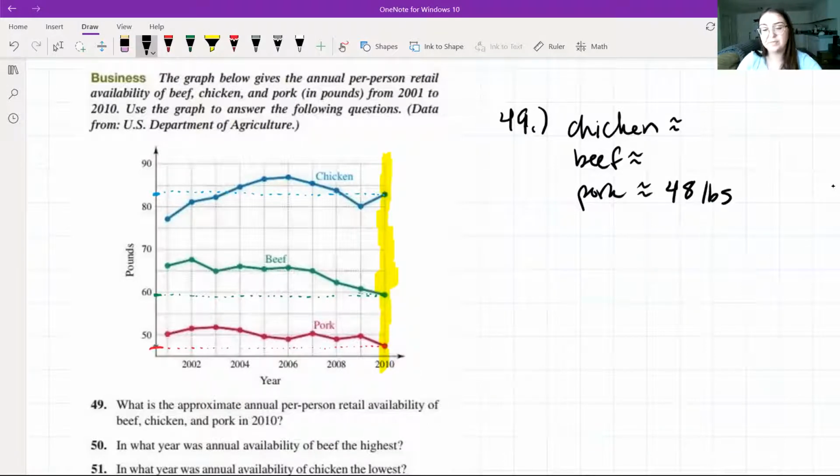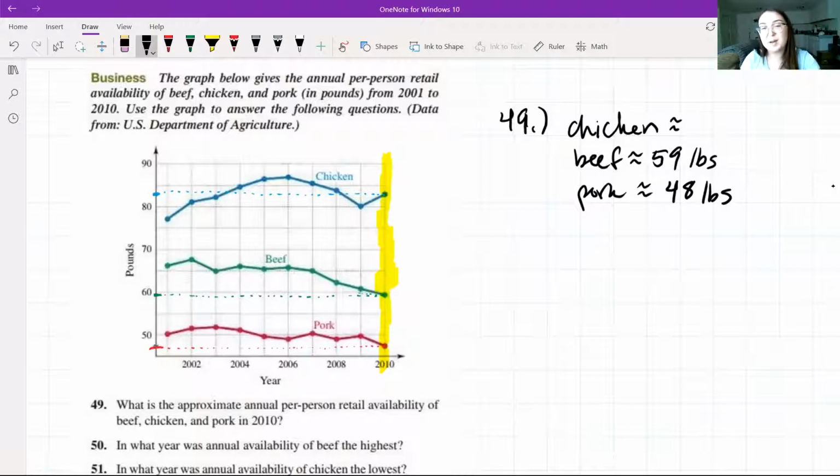Then we want to look at beef. And it looks like it is very close to actually being on that line, but maybe not quite. So let's say beef is 59 pounds. If you went ahead and guessed that it was 60 pounds, that's also really, really close.